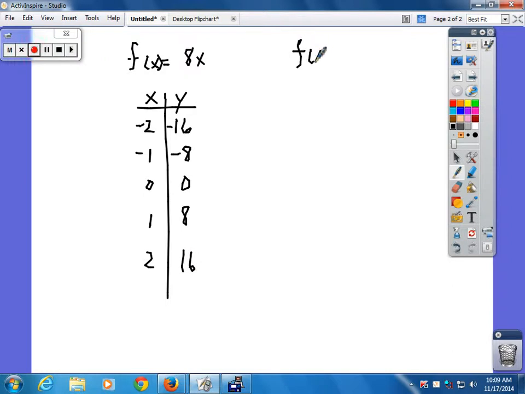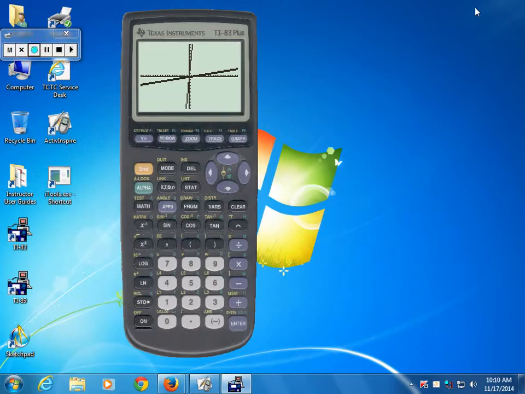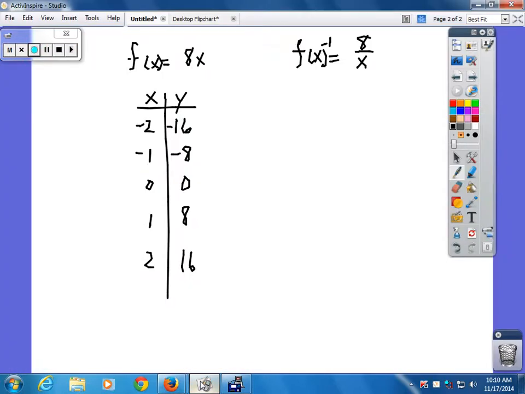f of x is equal to x over, is it 8 over x? It was x over 8. Is it x over 8? Yes, sir. That is the wrong one before. I'm sorry. We just need to use multiples of the denominator then, and change these.